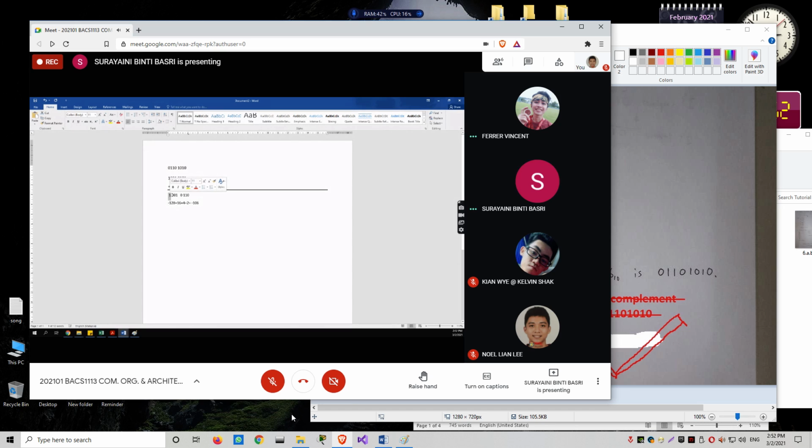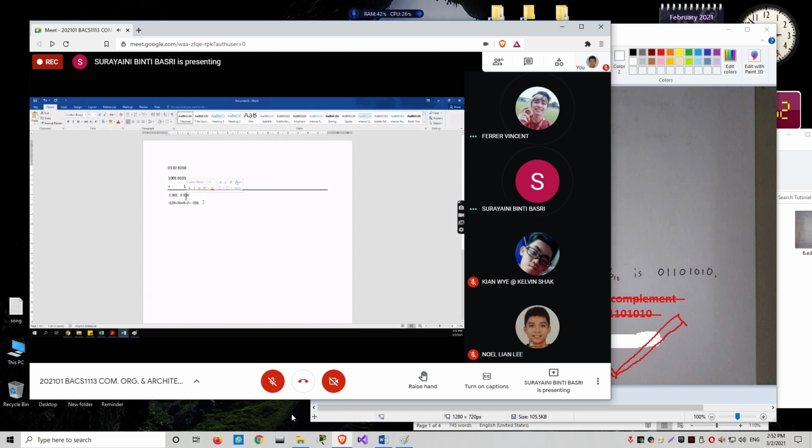After that, the rest do like the usual way. So only take the values that have 1. For example, this is the place of 16, this is the place of 4, and this is the place of 2.